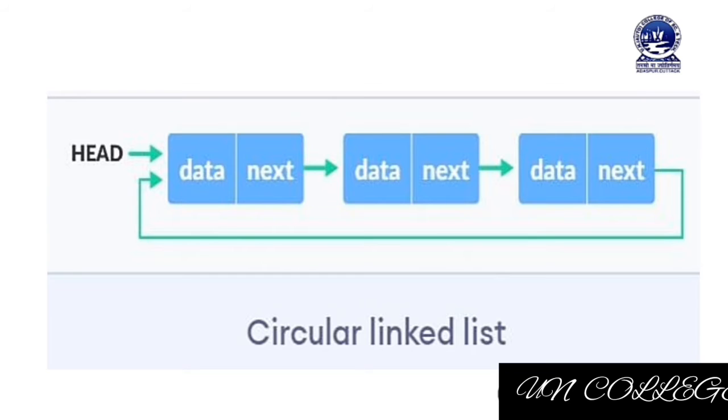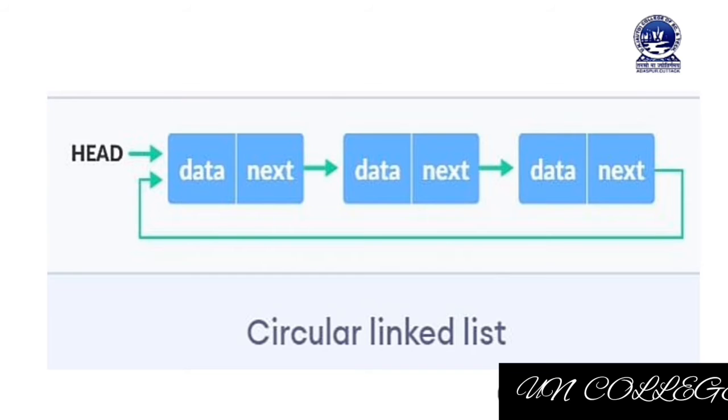The first node consists of data and a next part, and the next part points to the next node. Similarly, the second node's next part points to the third node, but the third node's next part contains the first node's address. Or we may say that the third node is linked with the first node.